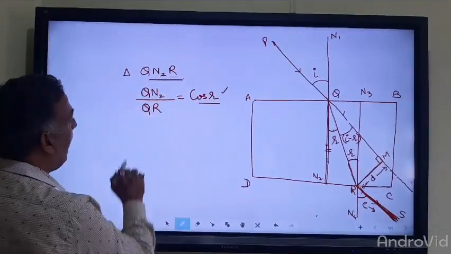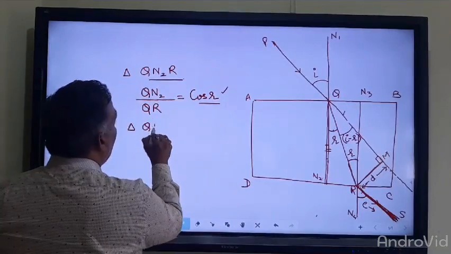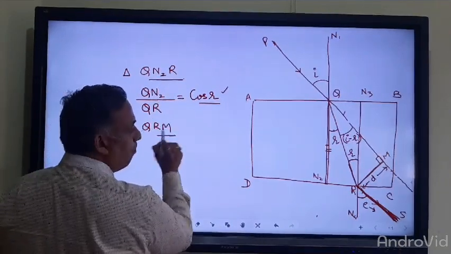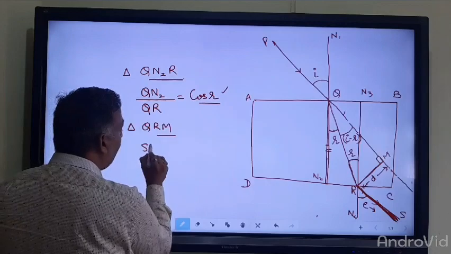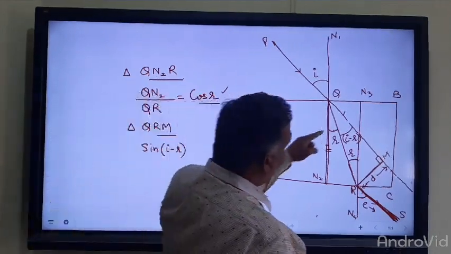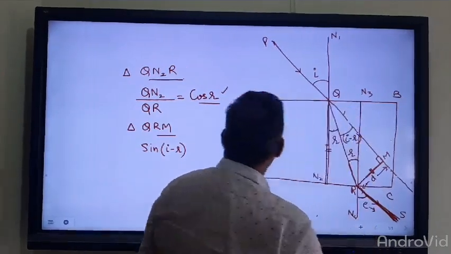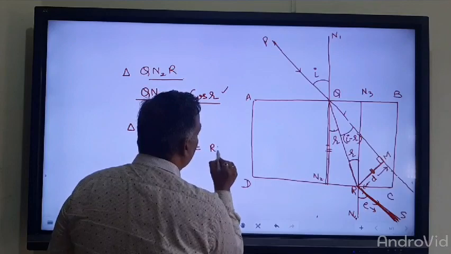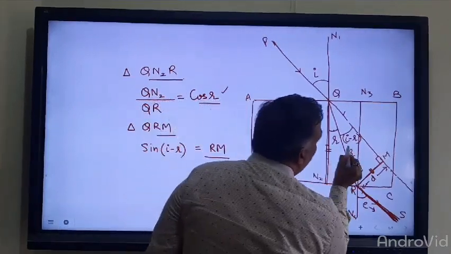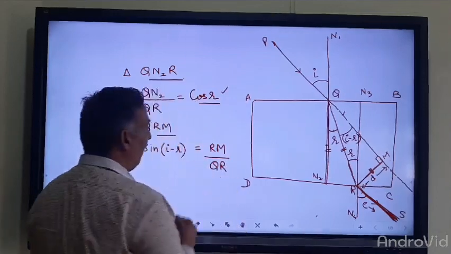And now I am taking the triangle QRM, sine of i minus r. Always, the side opposite to the angle is the perpendicular. This RM is the perpendicular. So this is the perpendicular upon this hypotenuse QR, the sine of the angle.